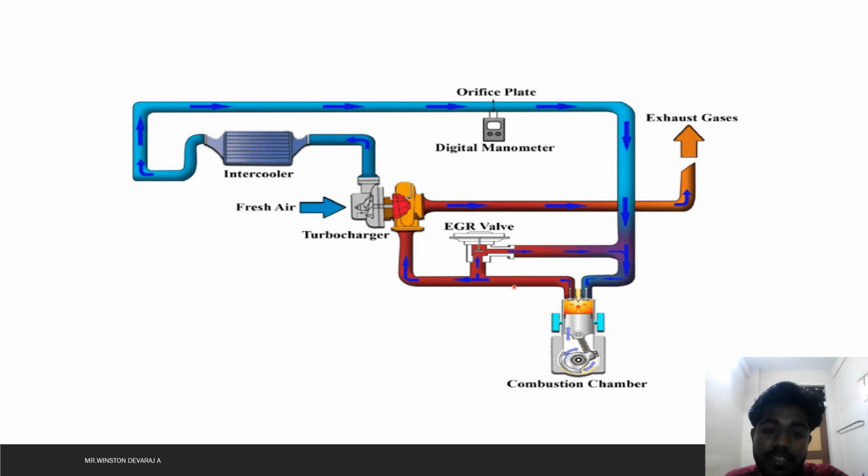The EGR valve is situated here, and it recirculates exhaust gas to the internal combustion chamber. Some exhaust gas should still come out of the car; we can't recirculate everything.